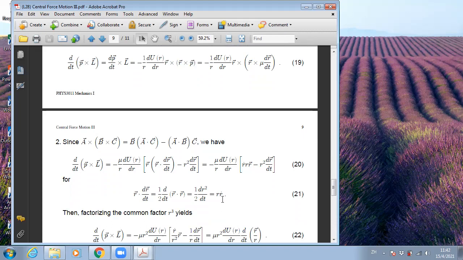Equation 21. That is a key step. Then, making use of this key step, we can get the final answer here.